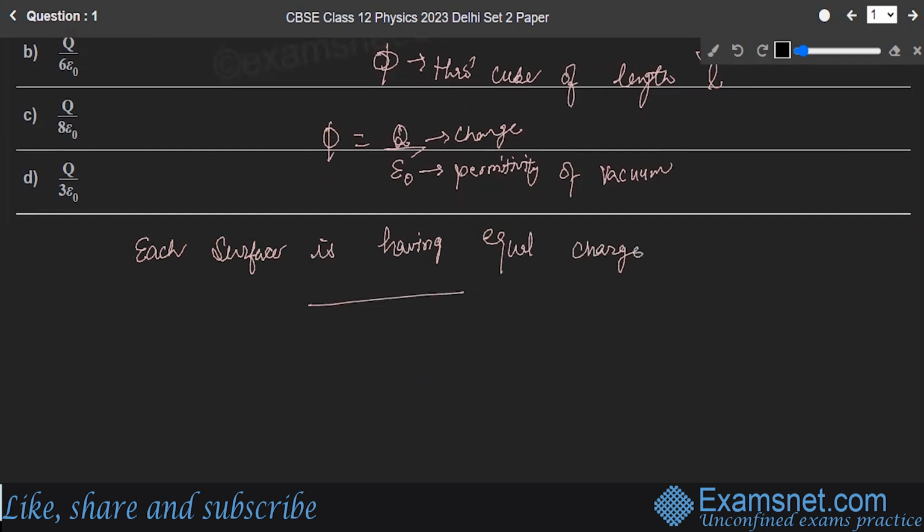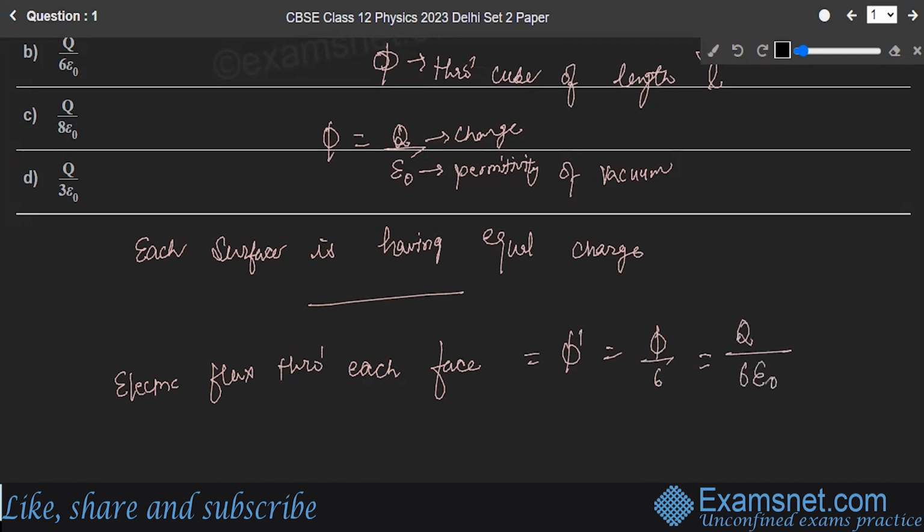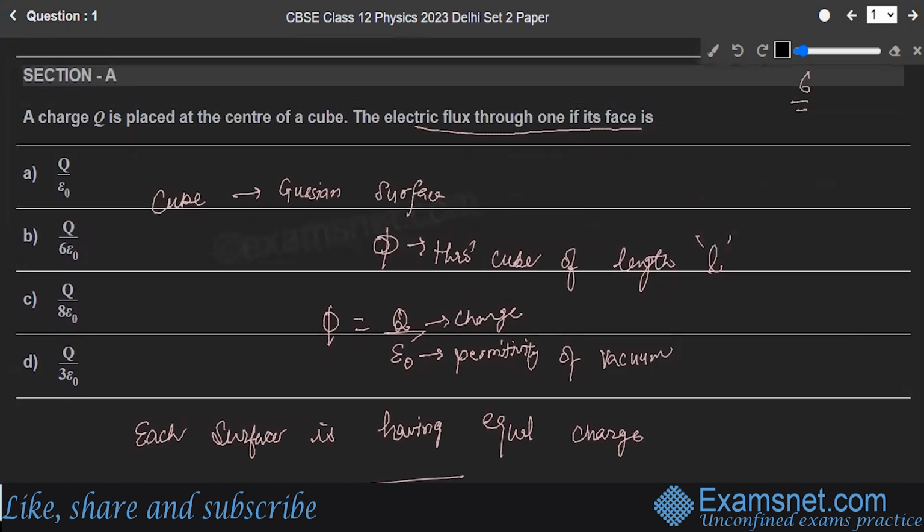It is placed in the center, so it is placed symmetrically. So the flux through each face, let's say phi dash, is equal to total flux divided by 6. So this is equal to Q upon 6 E naught. So this makes option B the correct answer.